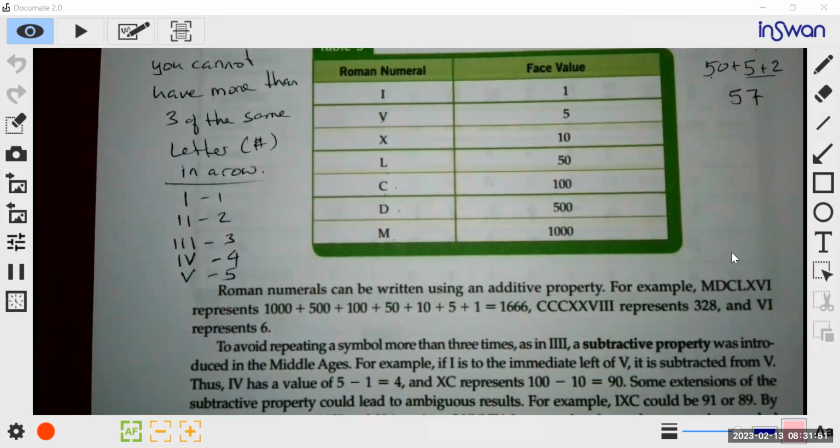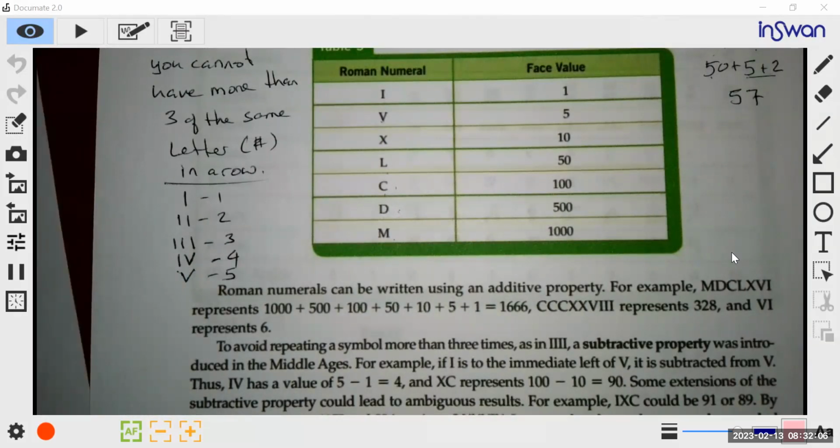The Romans were the first to use subtraction in their counting system. If a smaller letter is in front of a larger letter, you subtract that value. So the V is a 5. Since the I is in front of it, it says 5 minus 1 is 4.